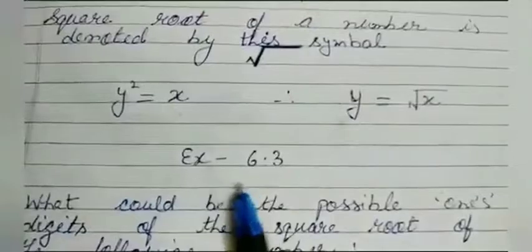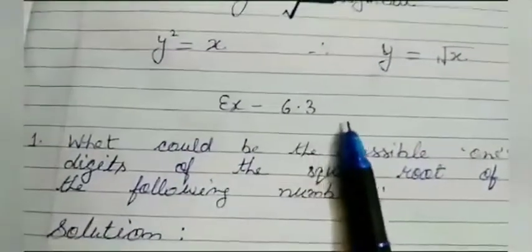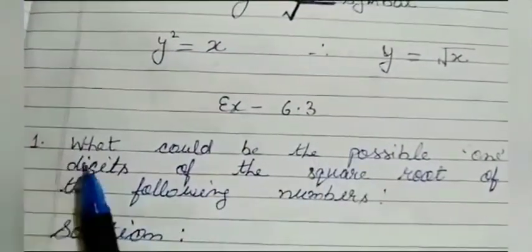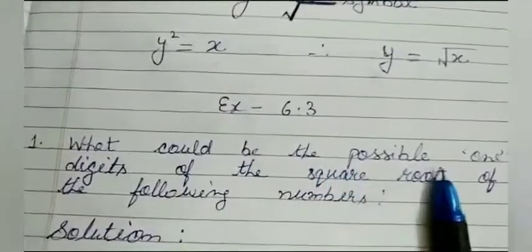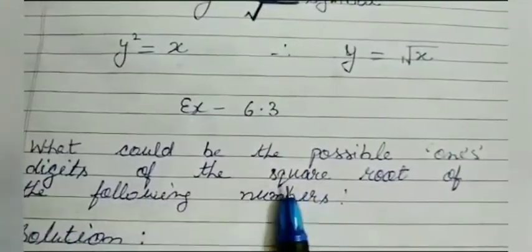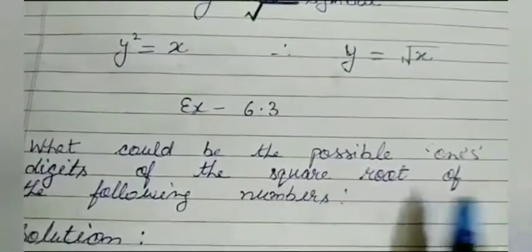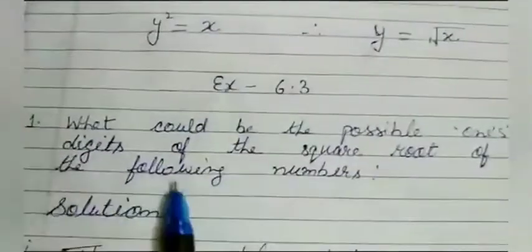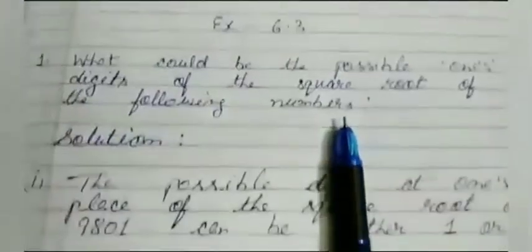We solve exercise 6.3. First sum is: what could be the possible ones digit of the square root of the following numbers?